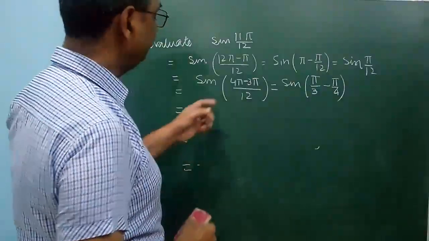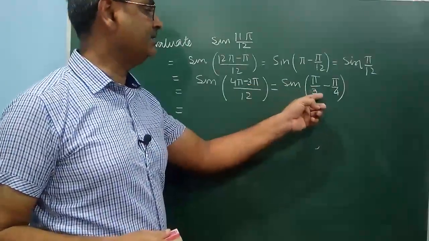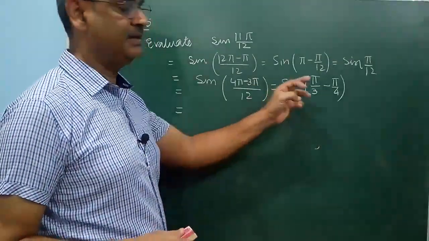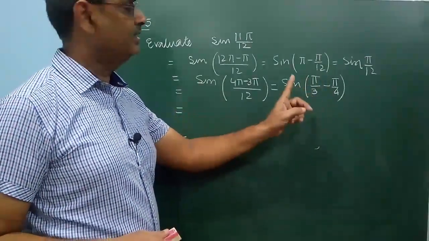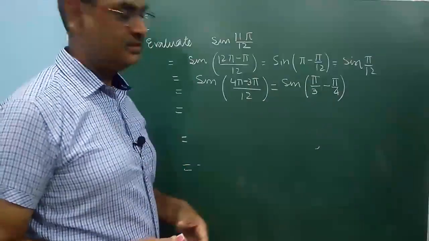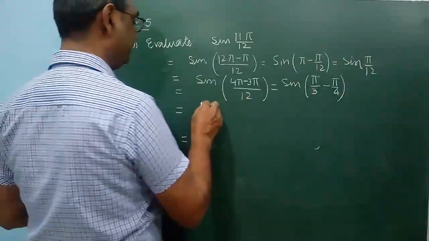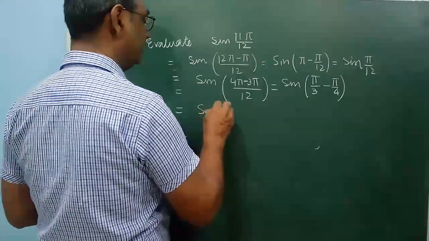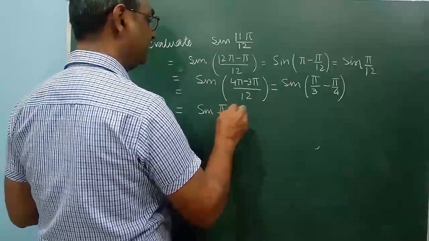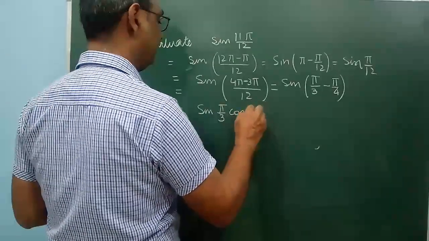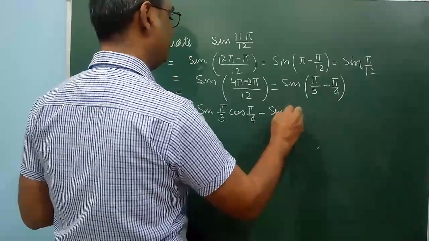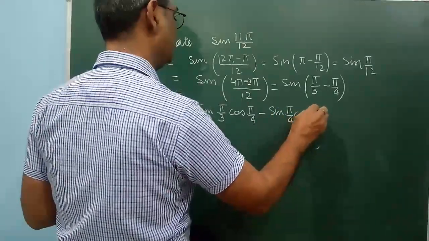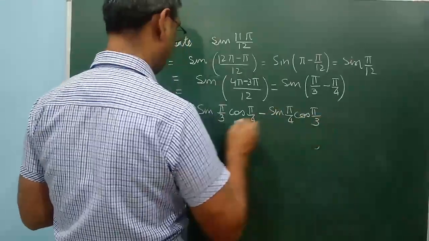In this one we will use the formula sin(c minus d) equals sin c cos d minus sin d cos c. So here sin pi by 3 cos pi by 4 minus sin pi by 4 cos pi by 3.